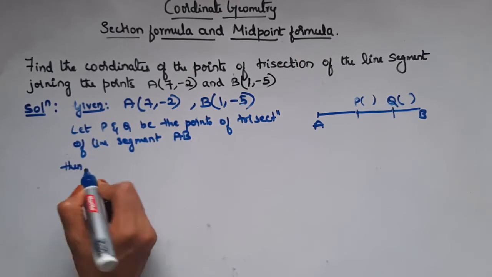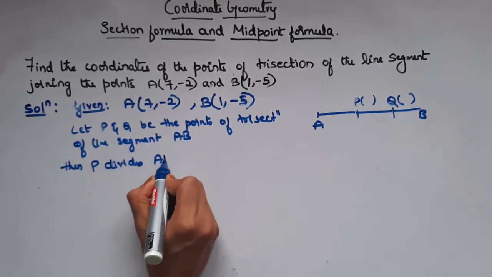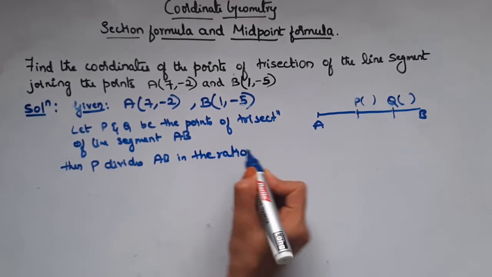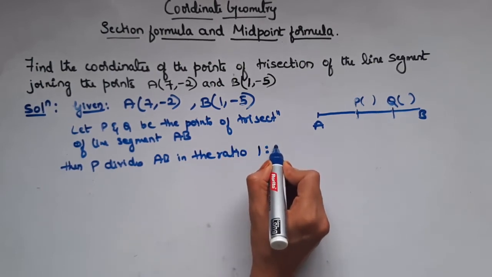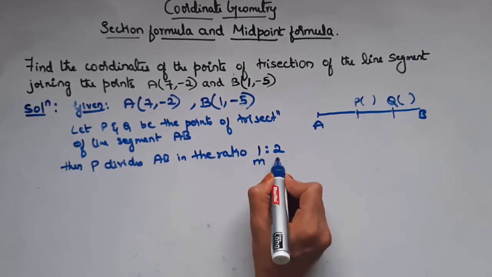Then P divides AB in the ratio 1:2, right? So this is your M and this is your N.